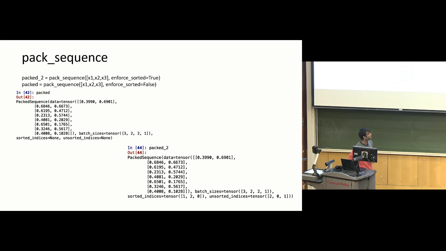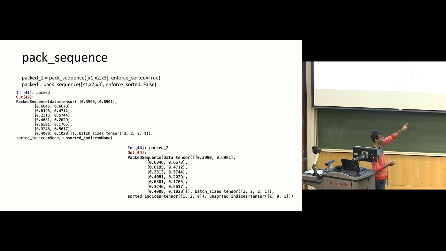Again, it is important to note that pack sequence has got two fields over here. One of them is enforce_sorted. Enforce sorted is important because sorting related bugs are some of the hardest to find. If you're not keeping track of this, sometimes the order in which your inputs come and your outputs are generated can be messed up.